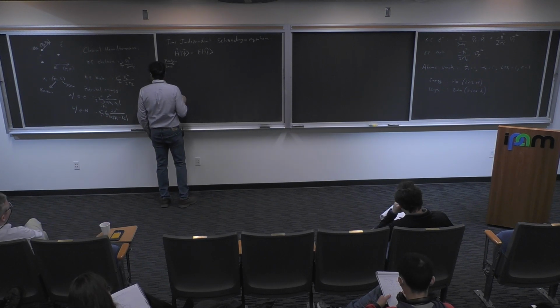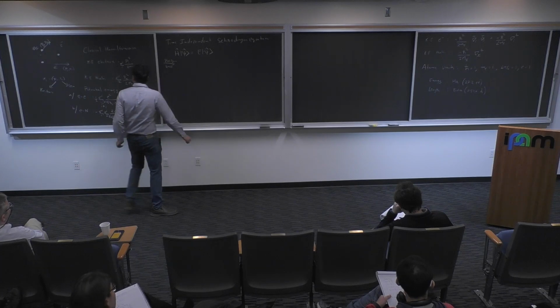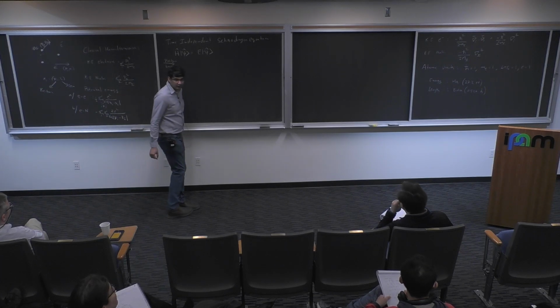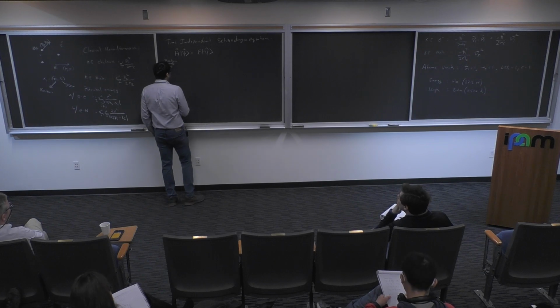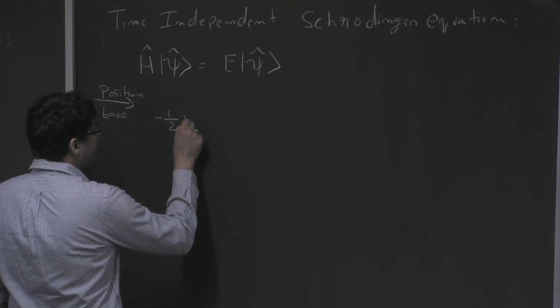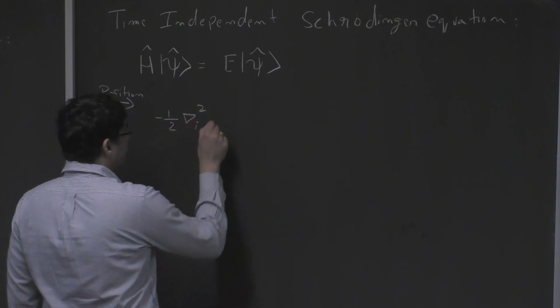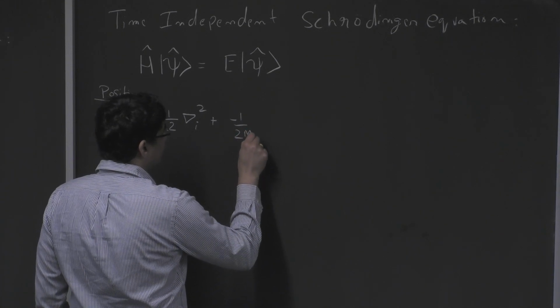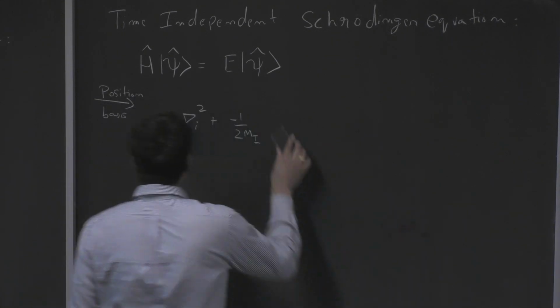I will use atomic units now, so I'll drop the mass of the electron, the 4 pi epsilon naughts, and the e squared. And what we end up getting is minus half Laplacian squared plus minus 2 over M_I. I need sums over here.